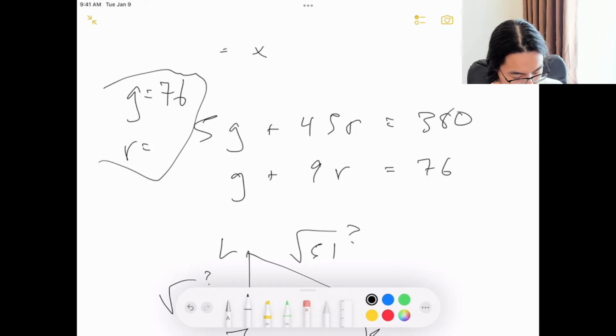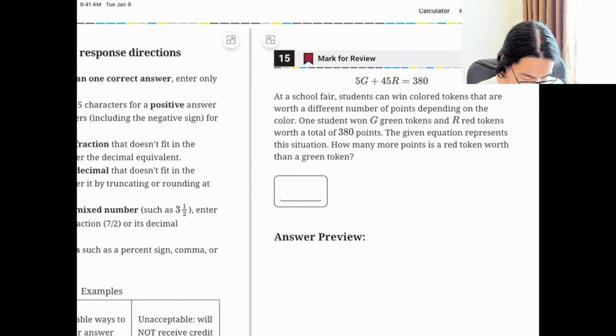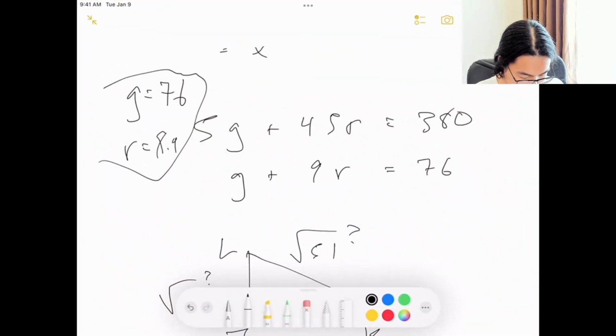Okay, but 380 divided by 45 is 8.4. So if I got 0 green tokens, I would have had this many R tokens, and each R token is worth 8.4.